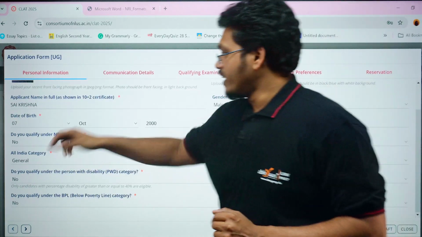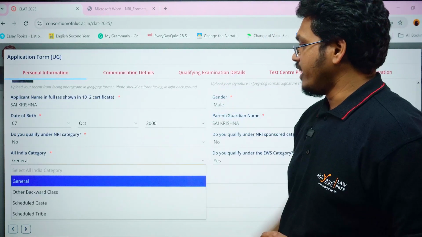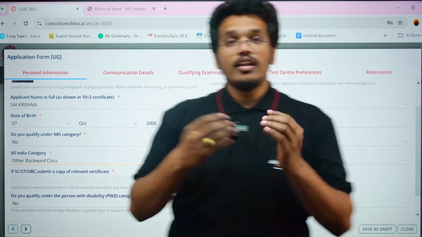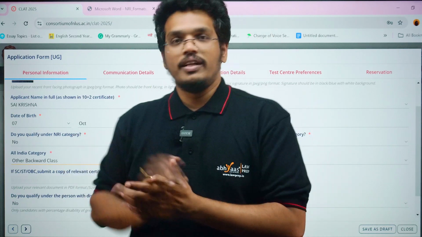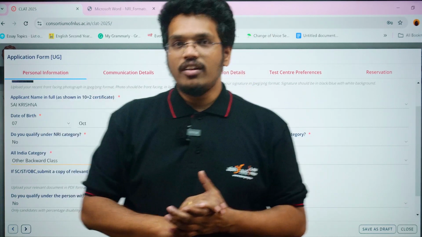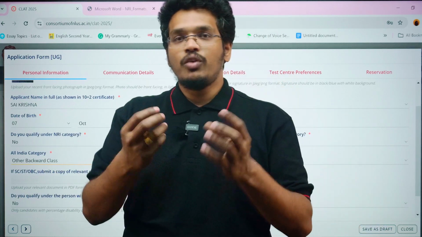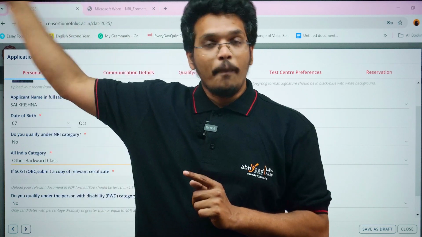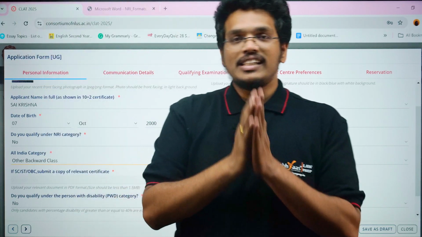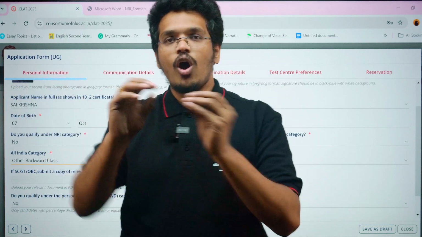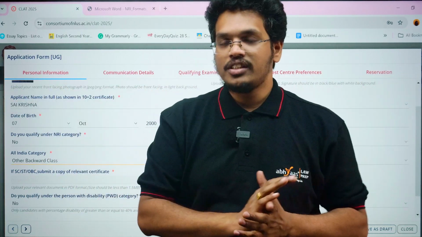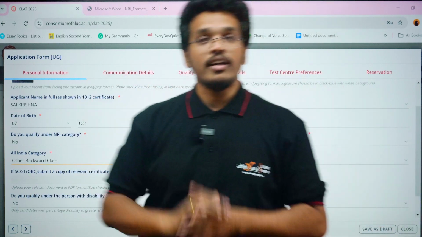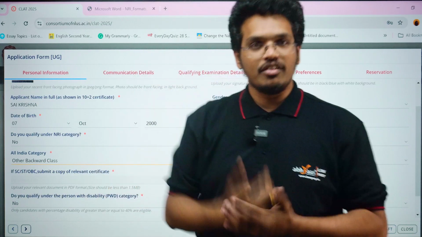Next, regarding the reservation. Especially in this reservation, people get confused about OBCs, whether you are BC or OBC. At the state level, different castes fall under the BC category, but they may not fall under the OBC central list. BCA, BCD, BCB, BCC, all these are state level reservations which are not valid for reservation under central government universities or at the central level.